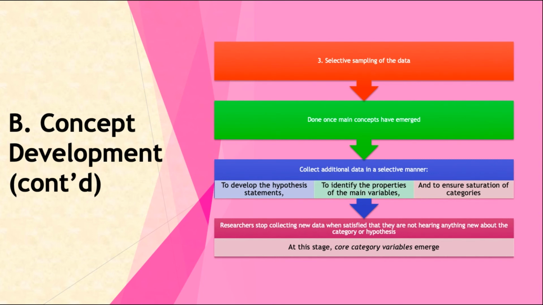It means that when you are analyzing the data and developing those codes and categories, you make sure that there is no more new code emerging, no more new category, no more new theme. Otherwise, you have not finished yet. You have to go back to the field and collect more data. Researchers stop collecting new data when satisfied that they are not hearing anything new about the category or hypothesis. At this stage, as I say, the category variables will emerge.